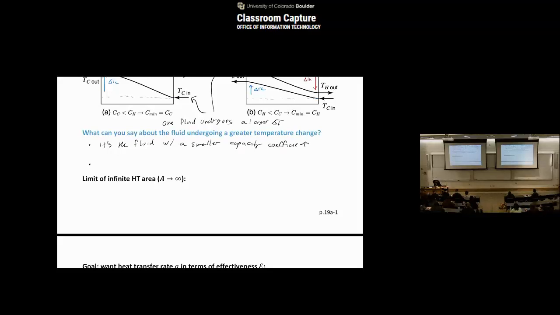If you recall the definition of our capacity coefficient for any given stream, let's call it C sub i, it's the mass flow rate of i times the heat capacity of i. So it could be due to a lower m dot or heat capacity.